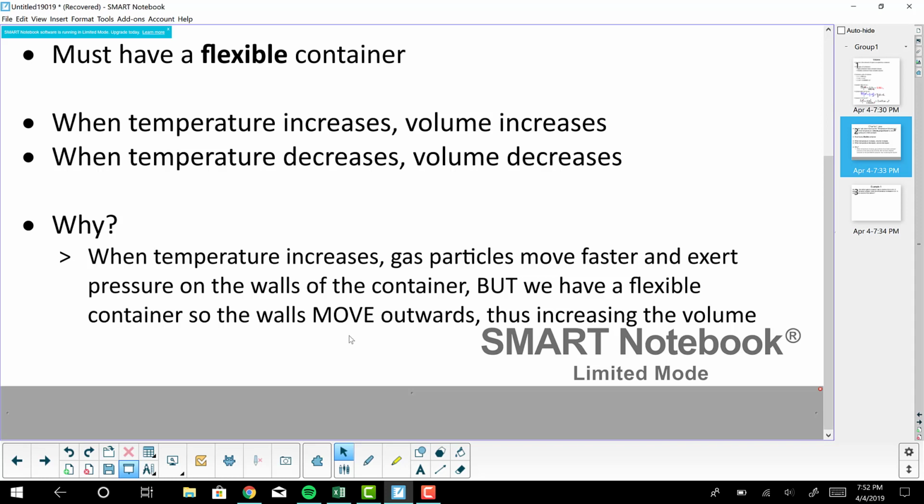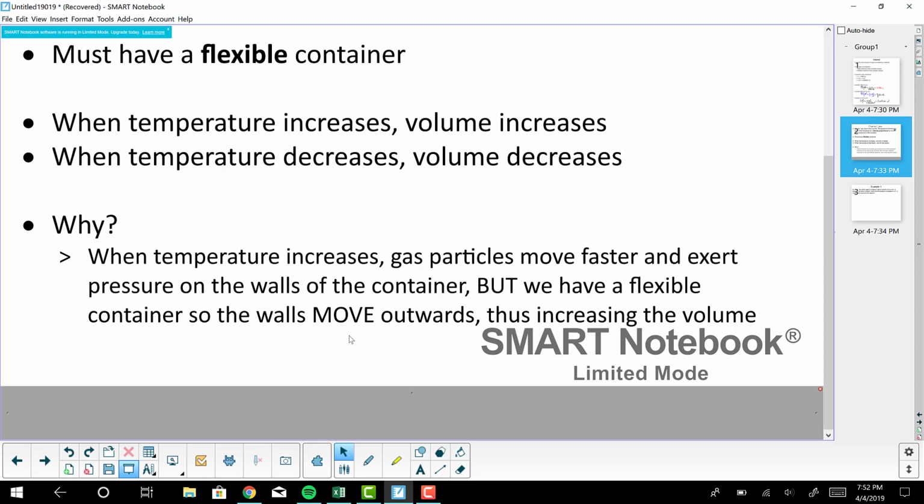But we have a flexible container, so the walls of that container can actually move outwards to account for that pressure being exerted. And that increases the volume, but it keeps the pressure constant. So gas particles are moving faster and faster, meaning they're colliding more with the walls of their container, and those collisions just push the walls out.